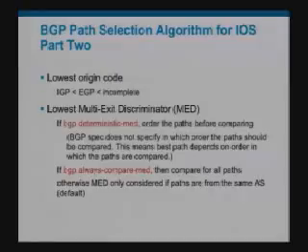So there's a knob, certainly in iOS and in other implementations too, which says compare the MED regardless of the neighboring AS. So if you've got this knob enabled, then it will compare MEDs even if the paths are from different ASs.